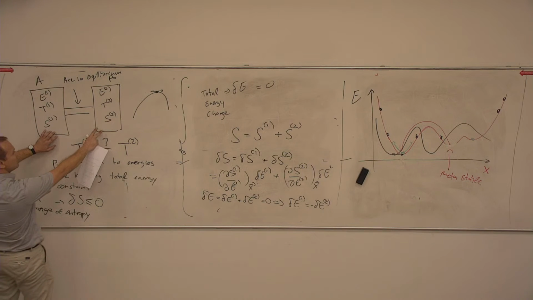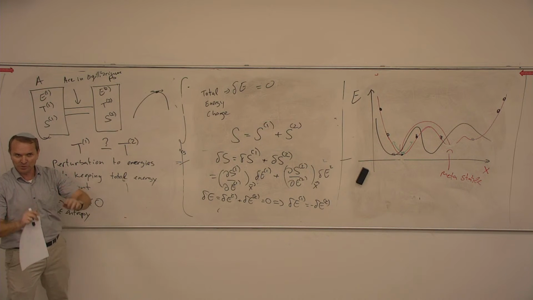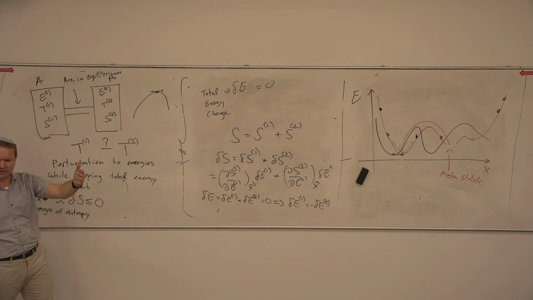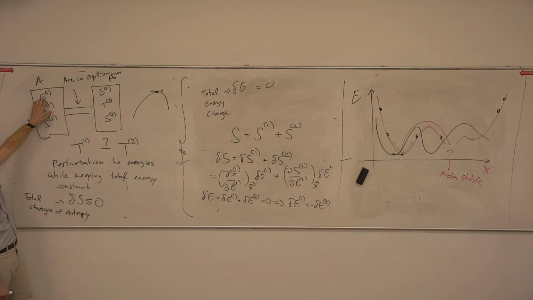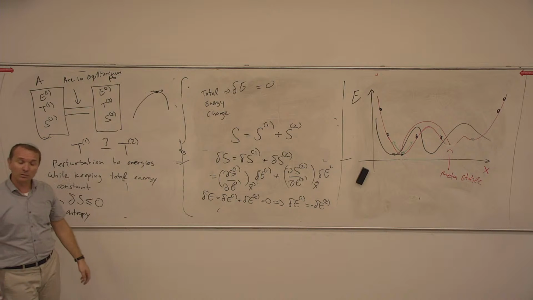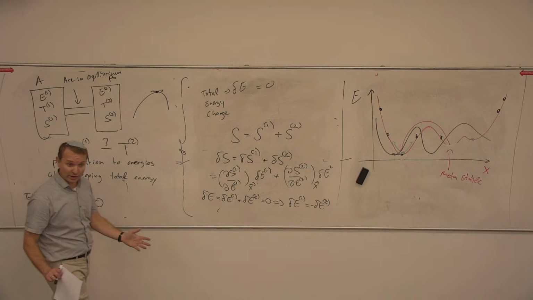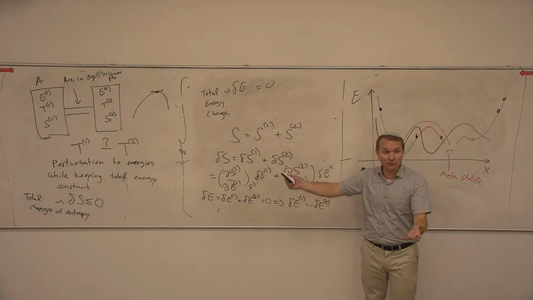Let's take two systems, and somehow magically they are in contact and in equilibrium, and somehow I modified the energies, I modified the entropies, but I kept the internal x's constant. Can I do that? Theoretically I can. Practically, it depends on what kind of system you have in mind.